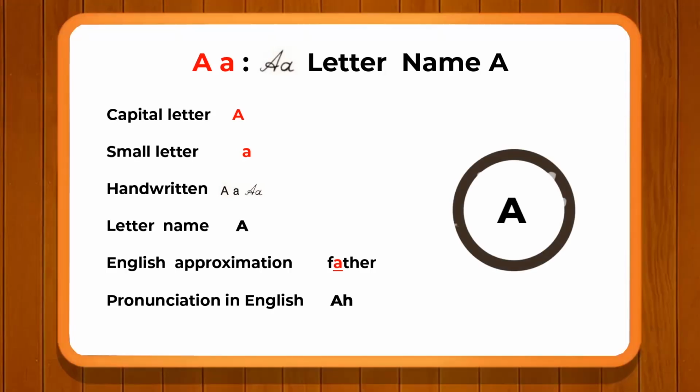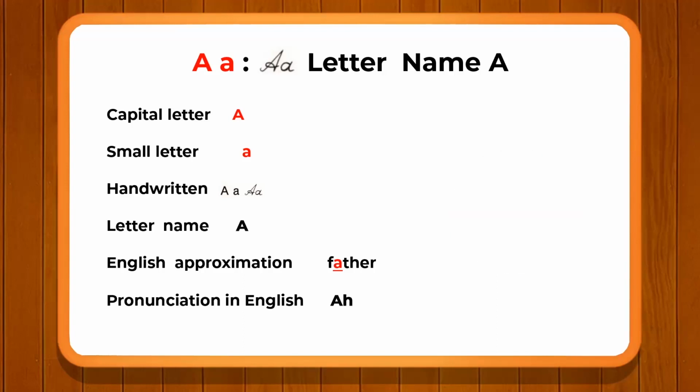A. For example, we have used an English approximation as well as a sample Russian word so that you understand it with the help of English as well as Russian words.